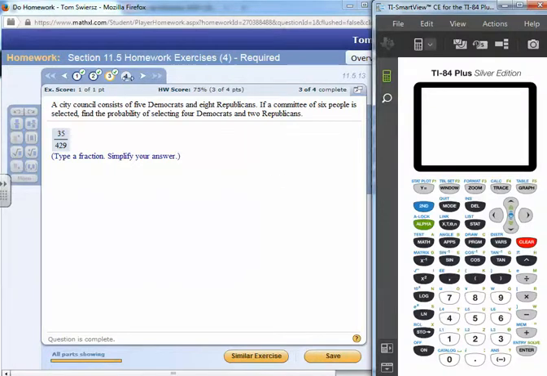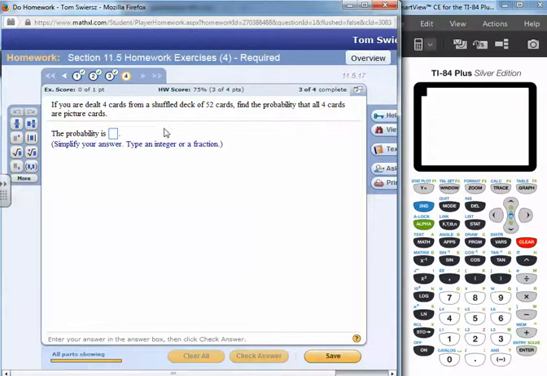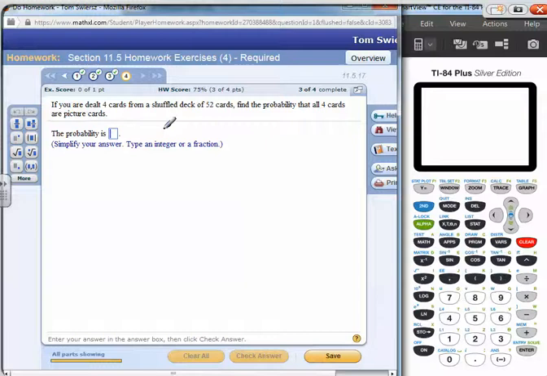All right, very good. Let's look at homework exercise number 4. If you are dealt 4 cards from a shuffled deck of 52 cards, find the probability that all 4 cards are picture cards. So again, the number of ways to get the picture cards over the total number of all combinations. With 4 cards, order doesn't matter.